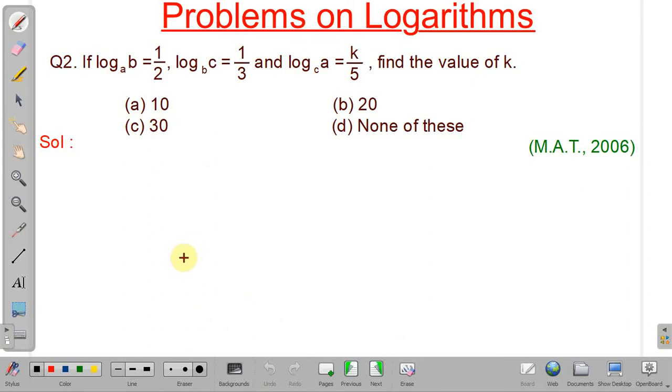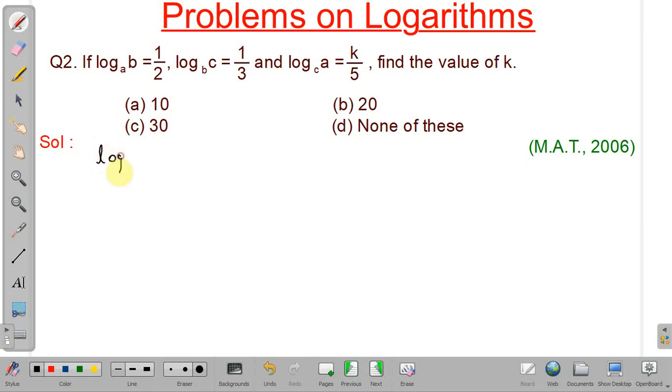See, in this problem we have to find the value of k, and it is given log of b with base a equal to 1 by 2, log of c with base b equal to 1 by 3, and log of a with base c equal to k by 5. Okay, so how we can find the value of k?